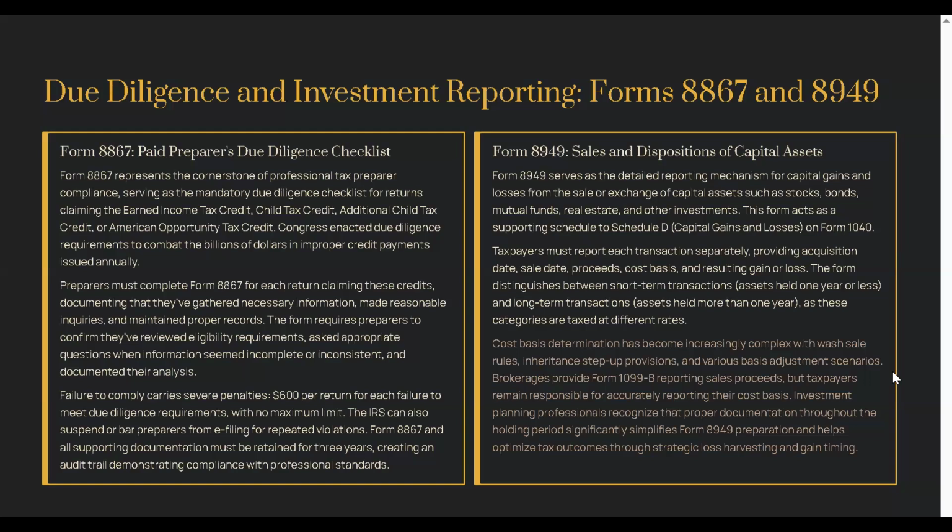The paid preparer due diligence checklist has to be completed by anybody that has a PTIN that is putting certain credits on there. So at the end of the day, that's why we're not doing fraudulent things.